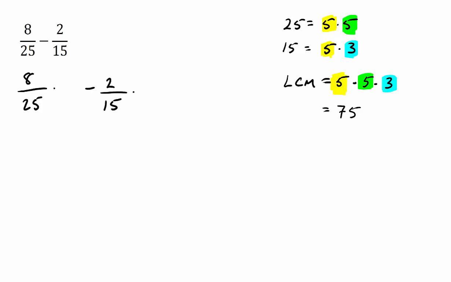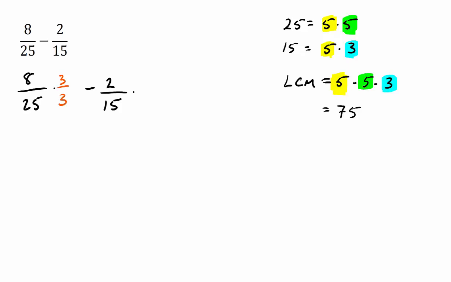What do I need to multiply 25 by to get it up to 75? Well, if I'm struggling to see that, here's my lowest common multiple right here. And so 5 and 5, there's the 25, so I can see that it's missing a 3. And so simply if I multiply by 3 over 3, that will get that to 75.